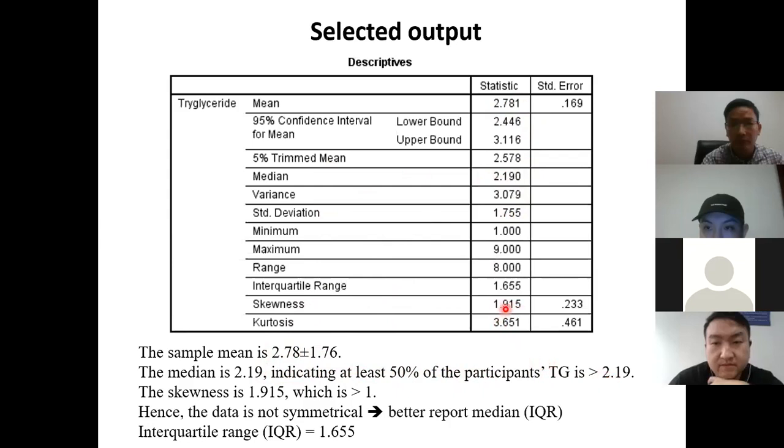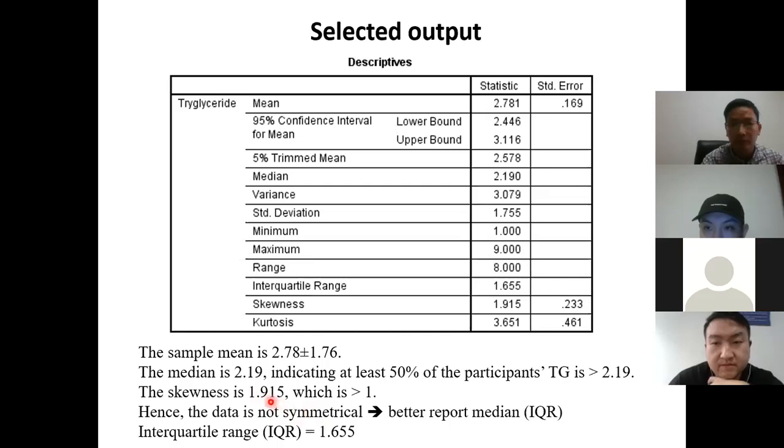Skewness, 1.915. Is it more than 1? Yes. That means data is not symmetrical. It is skewed to the right. Not symmetrical, since positive, skewed to the right.